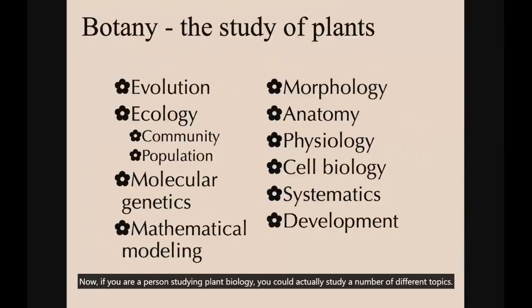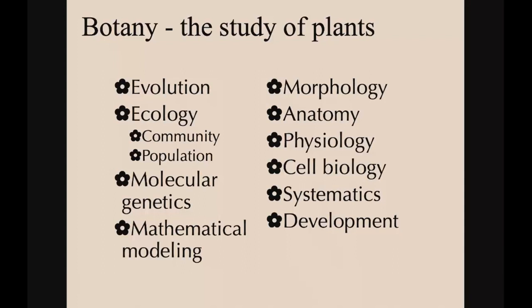Now, if you are a person studying plant biology, you could actually study a number of different topics. So, you know, some of us naturally gravitate toward more statistical things, some of us gravitate toward morphological topics, some of us gravitate toward cell biology, genetics, molecular biology, and the others are less interesting or our brains don't work as well in them.